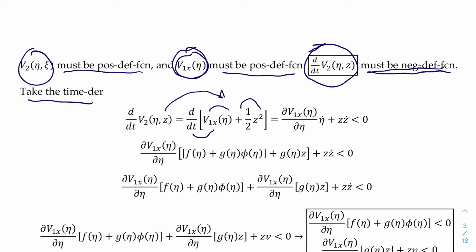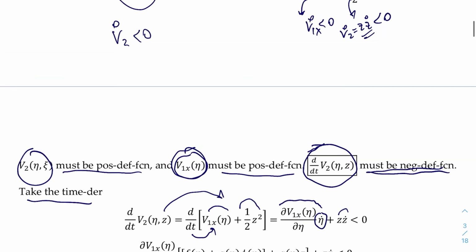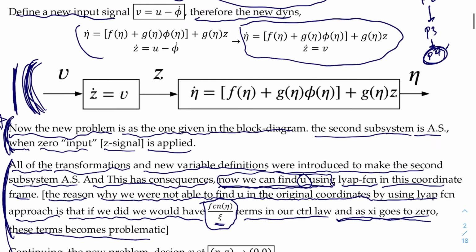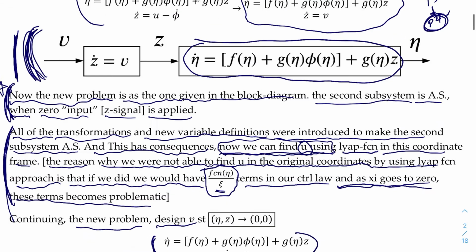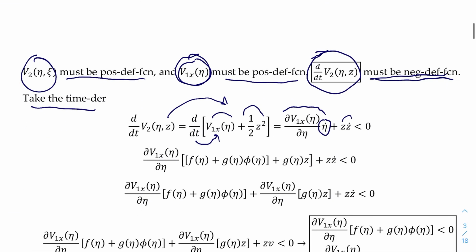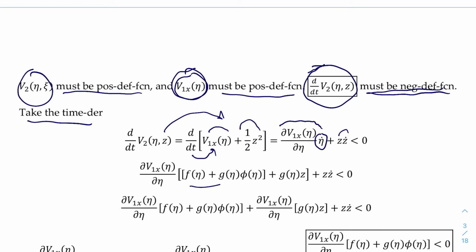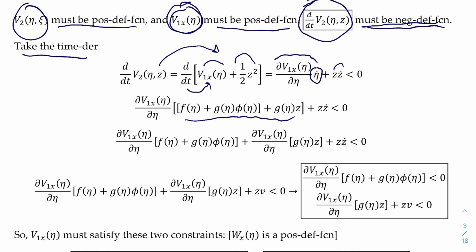Let's distribute this time derivative, and we will obtain this and this term. Let's expand that. What is that? Let's look at our block diagram. Yeah, this is our original expression. We are just doing some algebraic manipulations. They are all simple algebraic manipulations.